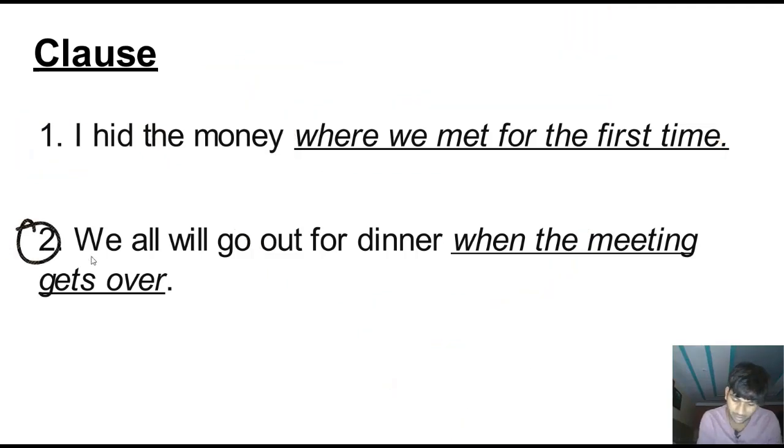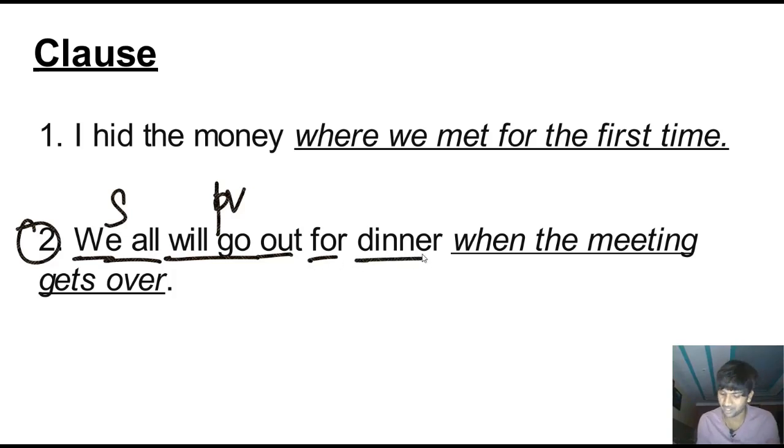Second example. We all, subject, will go out, phrasal verb, go out for what? For dinner. When will it happen? When the meeting gets over.